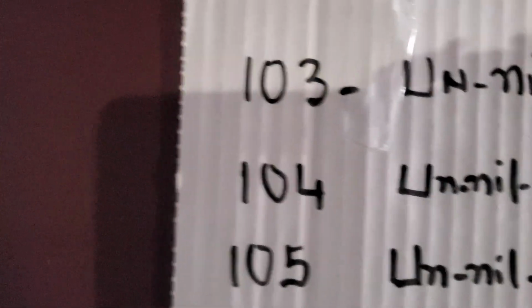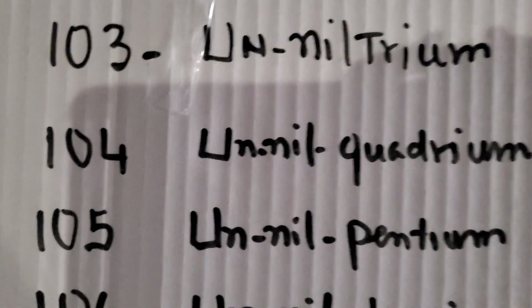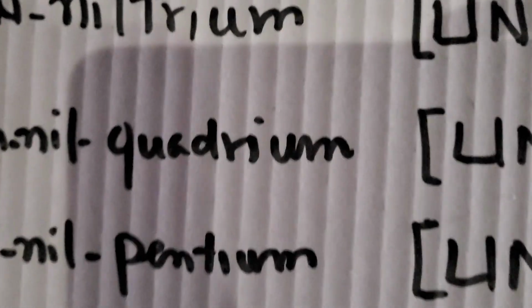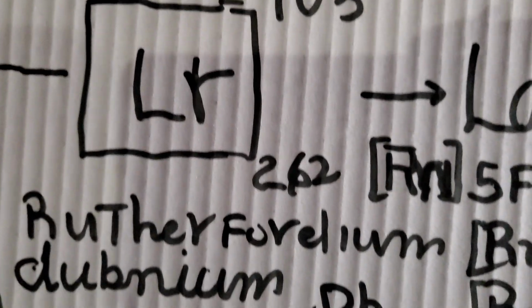And then we turn to 103, which was unniltrium, UNT 103, 262 atomic mass, and that's Lr, lawrencium. 104, 105, 106, and 107.